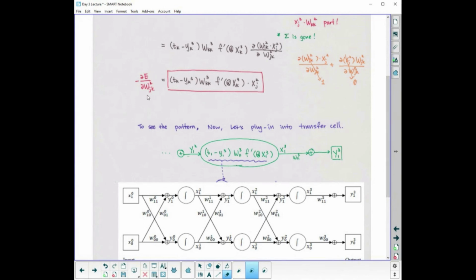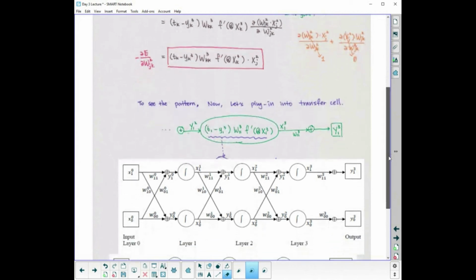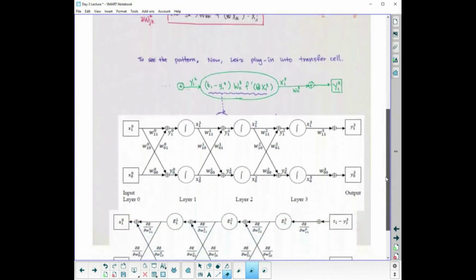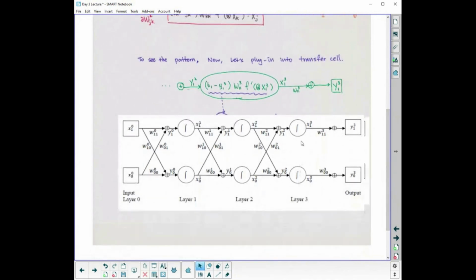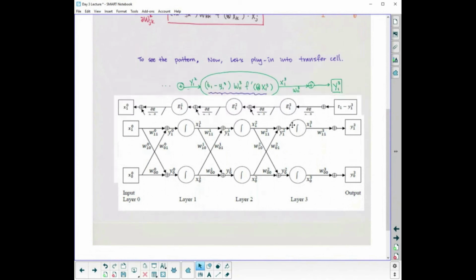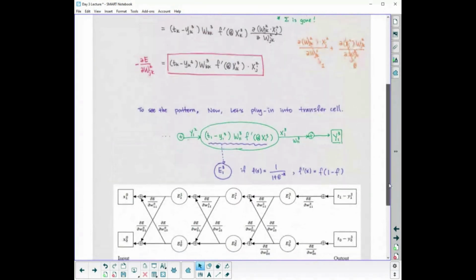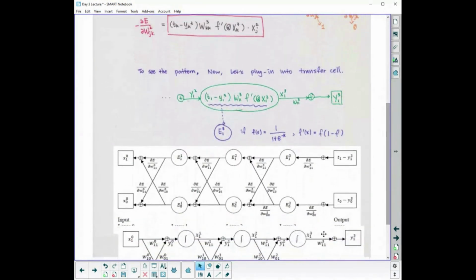So this j is the input layer. Then the other parts all care about the output layer only. You can see this one. So we can generalize in the back propagation diagram. We can have xj layer 2 from the forward feeding. If j is 1, we can say x1 layer 2.